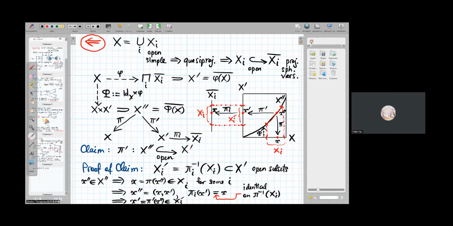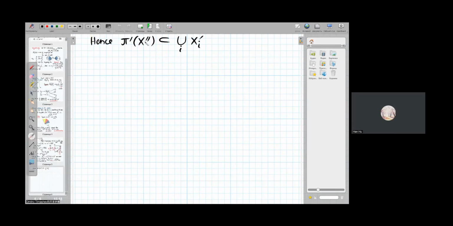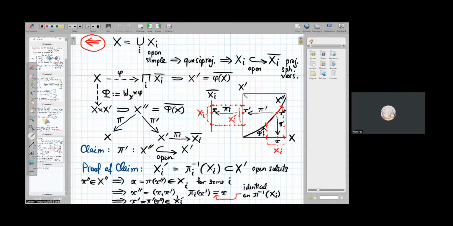We have proved that the image of x double prime under pi prime sits in the union of these open subsets. Let me repeat again that this x prime is contained in the product of xi bars. And I claim that if you take the image of x double prime in x prime, then it will be a subset in here such that for each point in this subset, one of these projections gets into xi without bar, into xi itself.